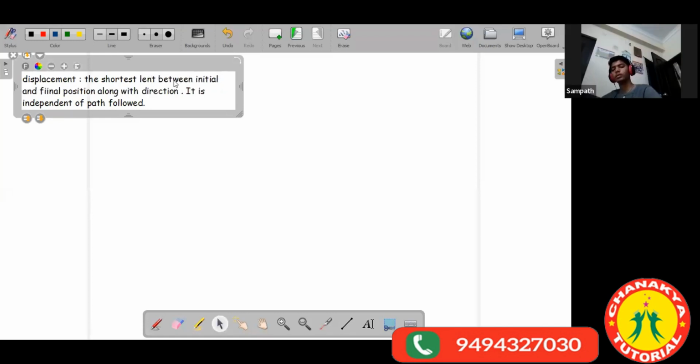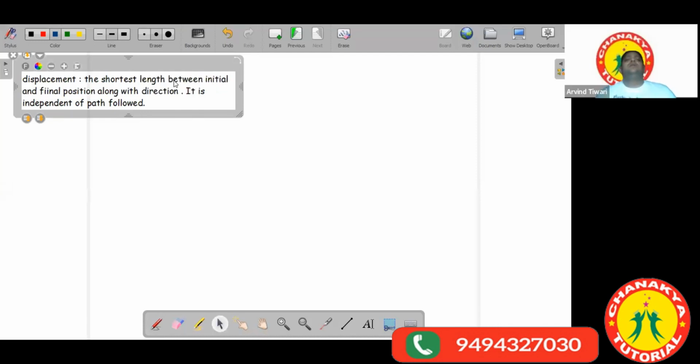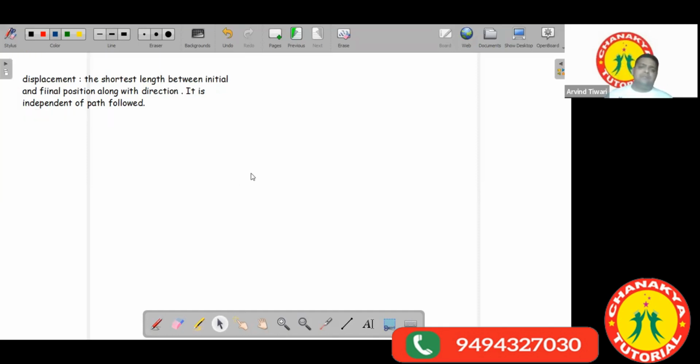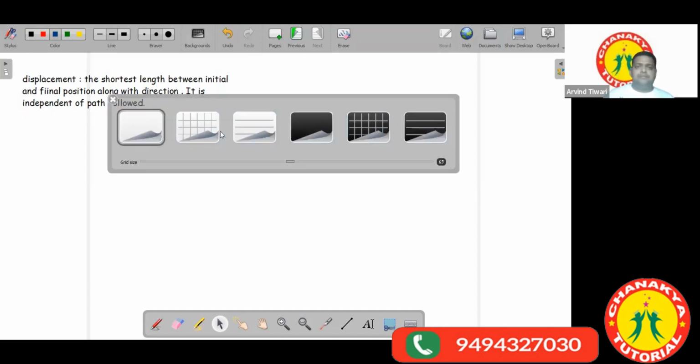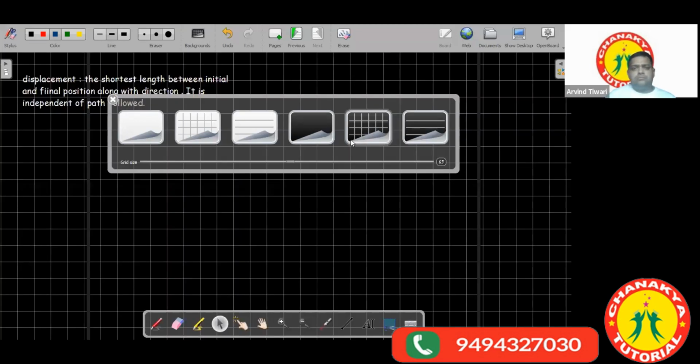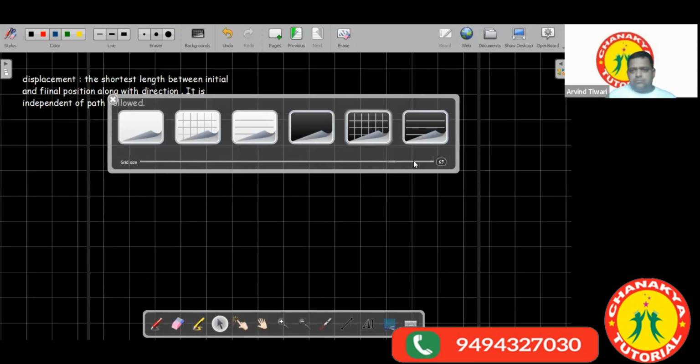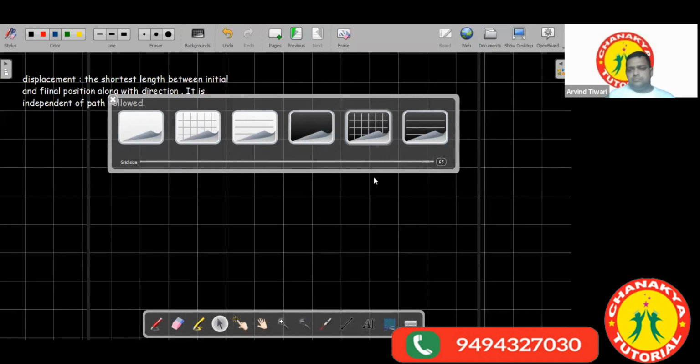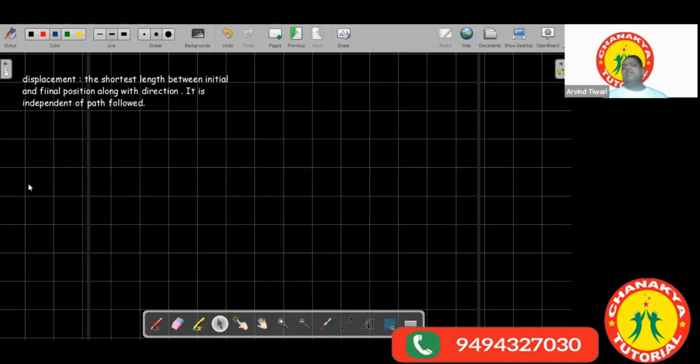Okay. So let's try to get the differences and understand how it works. Distance and displacement.